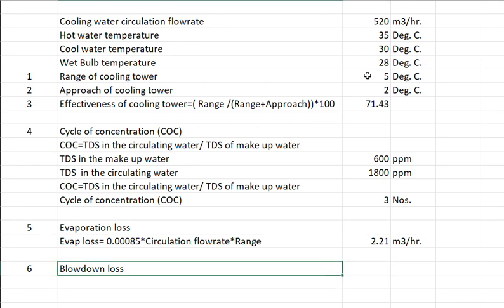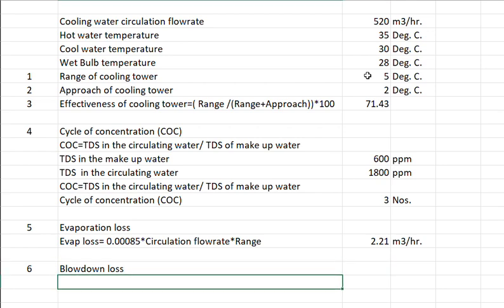Then we have to calculate the blow down frequency or blow down losses. As we blow down after a certain duration, that is actually counted as a loss. Blow down loss is calculated simply: it equals the evaporation loss divided by COC minus 1.